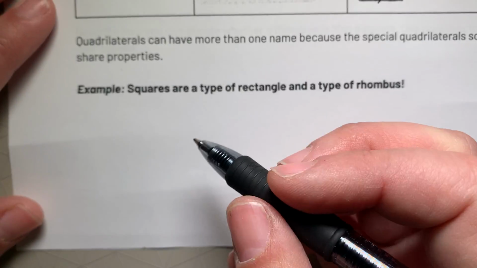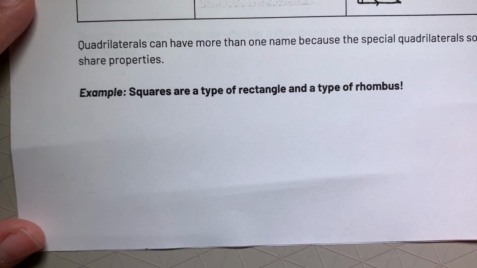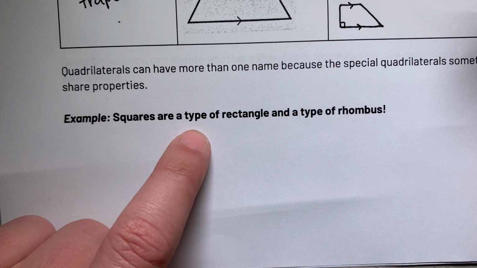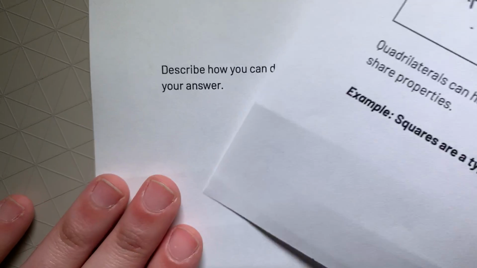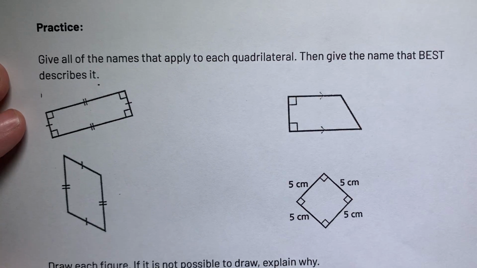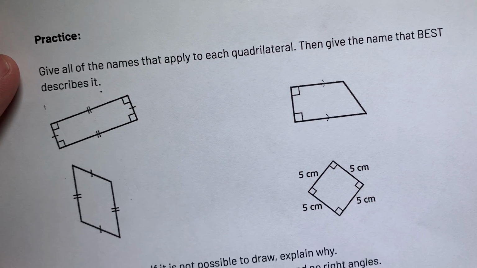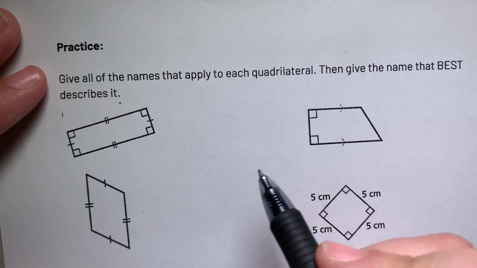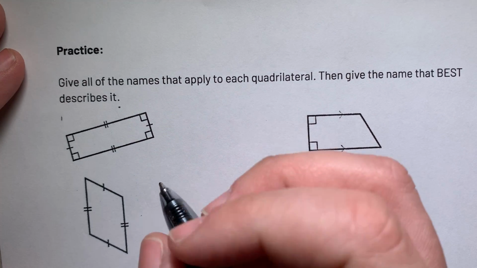Okay, so I'm going to show you how to classify these things because you're going to have to name them by all of their different names. Here we go. Squares are a special type of rectangle and a type of rhombus. So we're going to give all the names that describe each of these things. You need to give all of its names and then you're going to give it the best name, as in what's the name that it should be called at the end.